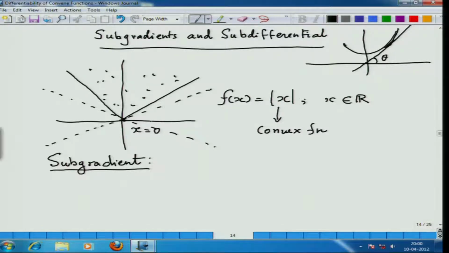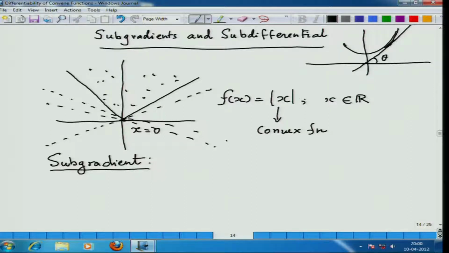The line y equal to 0 itself is a tangent, while of course this is not a tangent. Any line whose slope varies from minus 1 to plus 1 is a tangent, because this is minus 45 degrees, this is plus 45 degrees.